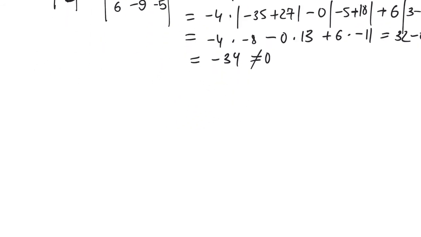If you remember the formula for the inverse of a matrix, I'll just give you a refresher. It's 1 over the determinant of B in this case, multiplied by the transpose of the coefficient matrix of B. We have the determinant now.